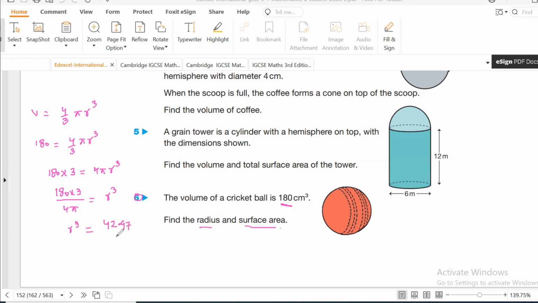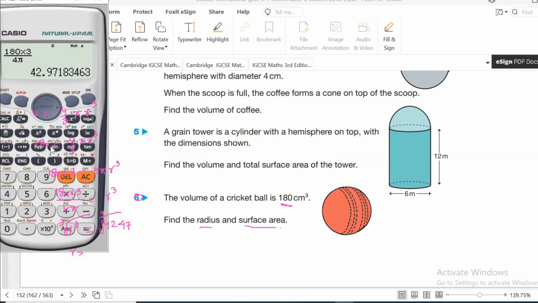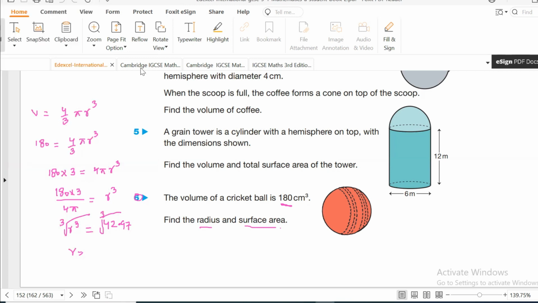Remember that we have to find only r, so by taking the cube root of both sides, we can find r. So shift cube root of answer. That gives me 3.5. So we can write r equals 3.5, and it is in centimeters.